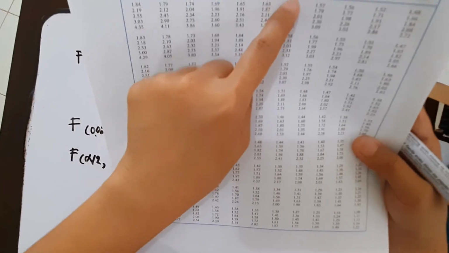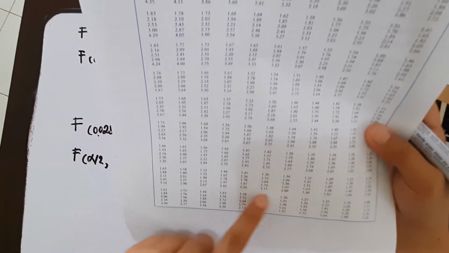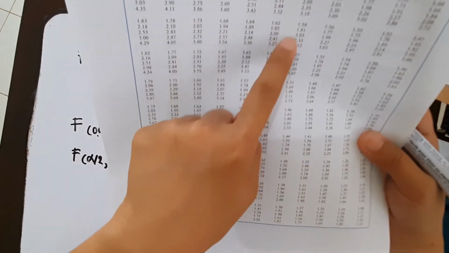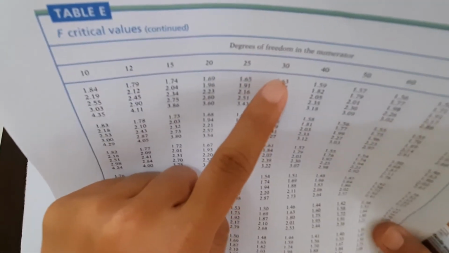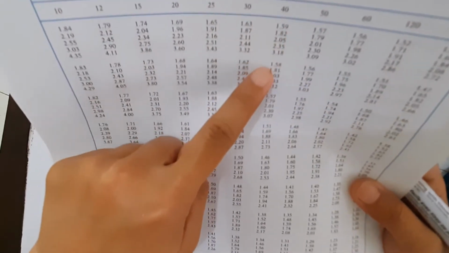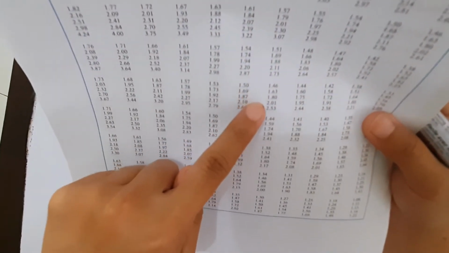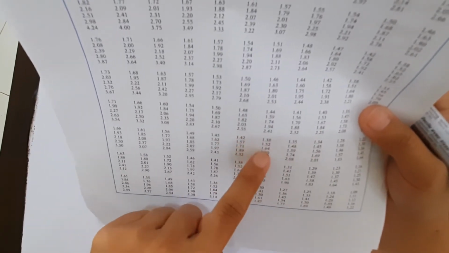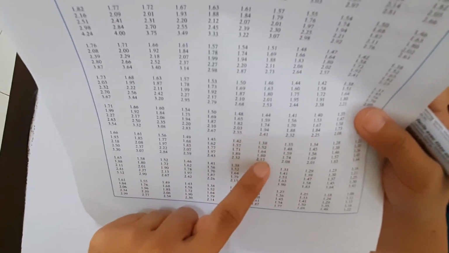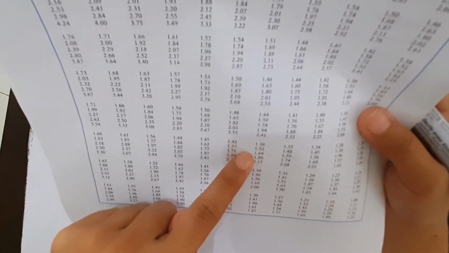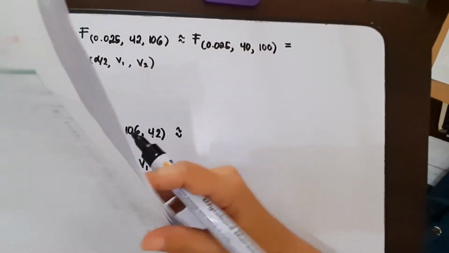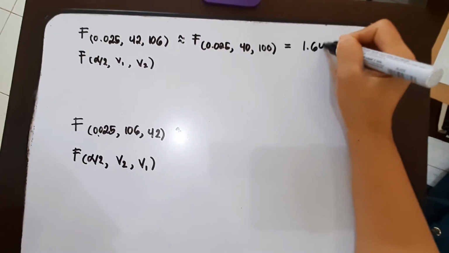So we have 40 here, 1, 2, 3, and the 0.025 is somewhere in the middle of that. We look at the column of 40 and the row of 100, the cross section, and somewhere in between is the value of 1.64.